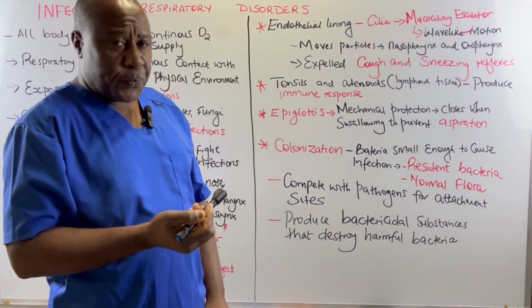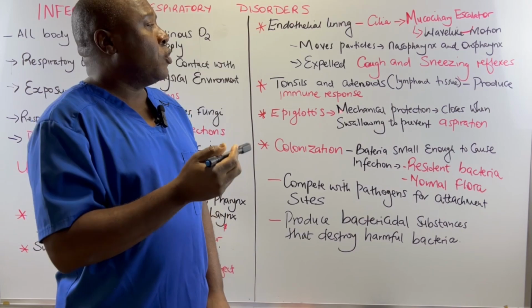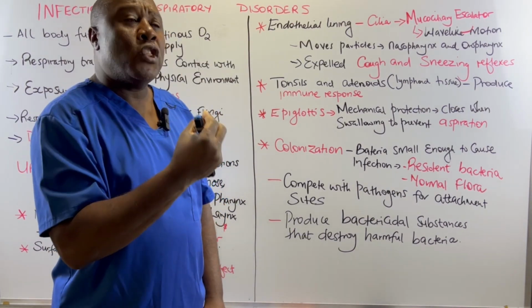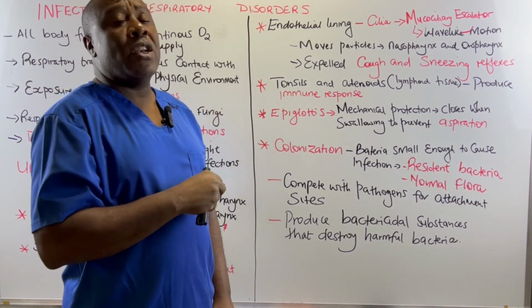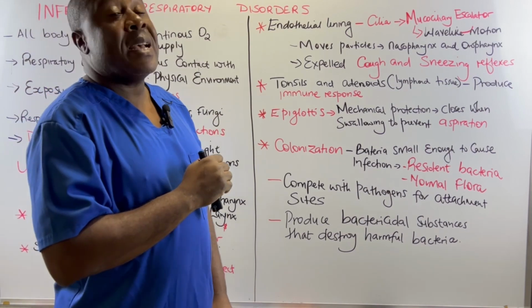When we cough, we are expelling particles which might have moved into the respiratory tract. When we sneeze, we are expelling those particles which have been moved into the nasopharynx by the mucociliary escalator motion.